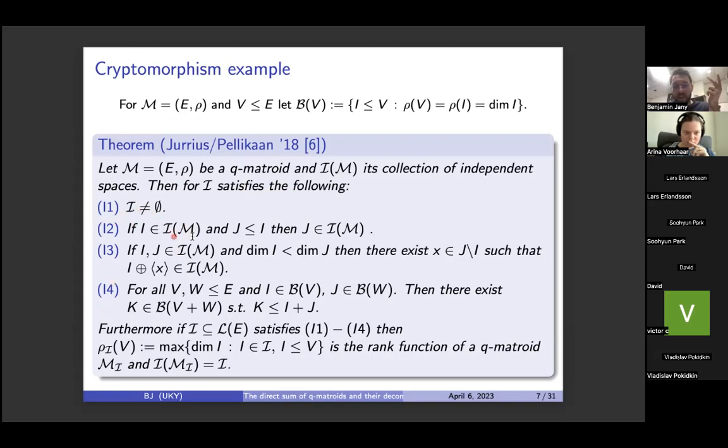The collection is non-empty, it's closed under subspaces, and it satisfies this augmentation property, which you can see as kind of the analog of the augmentation property for independent sets.